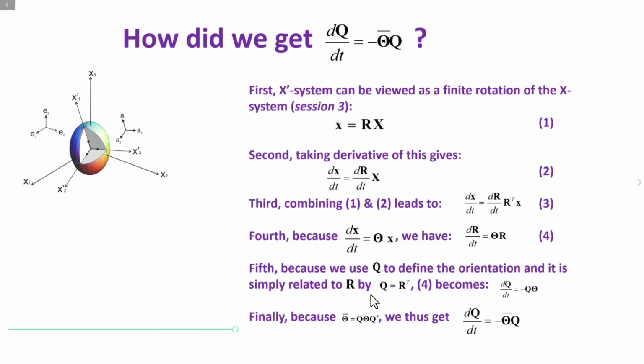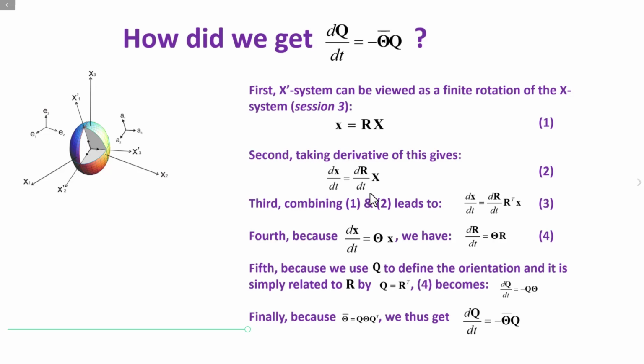How did we get this remarkably simple differential equation for the rotation of a rigid object? Recall that in session 3, if we compare the rotated state and the before-rotation state, the configuration relationship is given by equation 1 here. Lowercase x is the current position of a particle, and capital X is the original position of that same particle. Take the time derivative of equation 1, and we get the velocity of that particle.